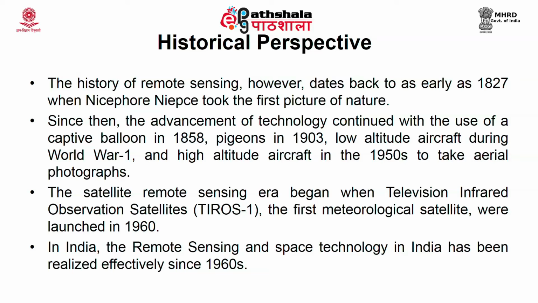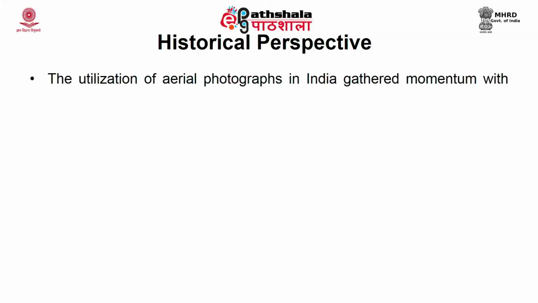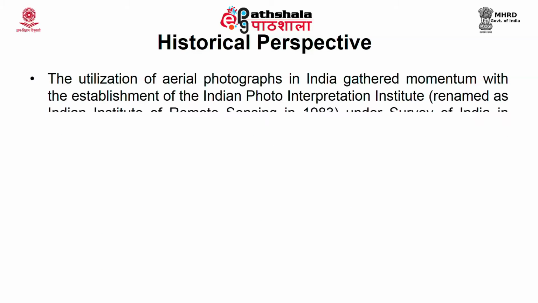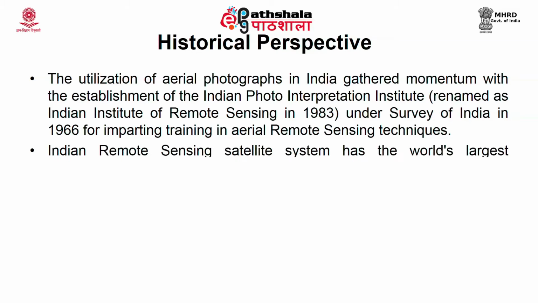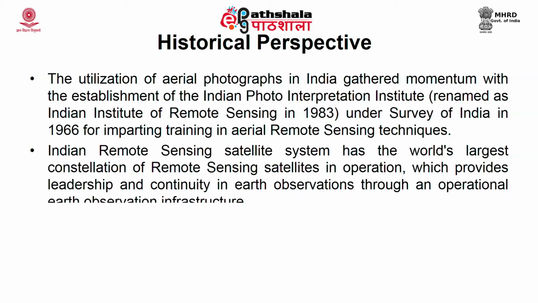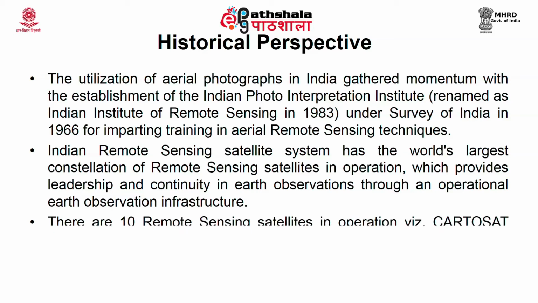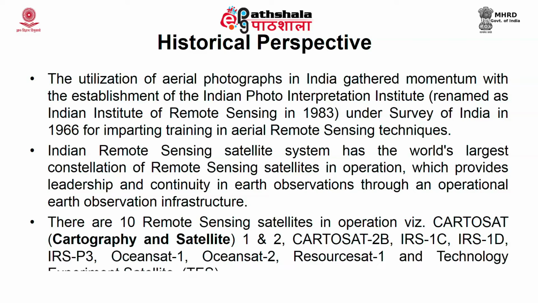In India, remote sensing and space technology has been realized effectively since the 1960s. The utilization of aerial photographs in India gathered momentum with the establishment of the Indian Photo Interpretation Institute, which was renamed the Indian Institute of Remote Sensing in 1983 under the Survey of India, for imparting training in aerial remote sensing techniques.